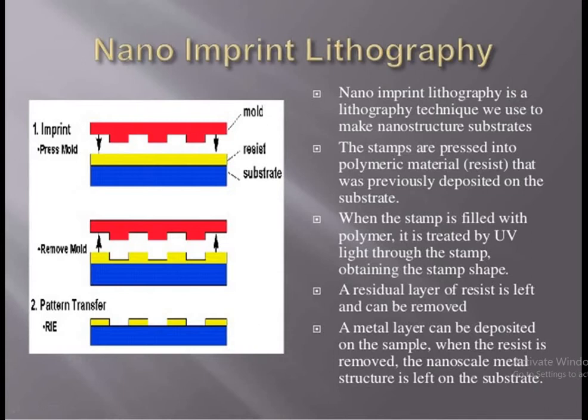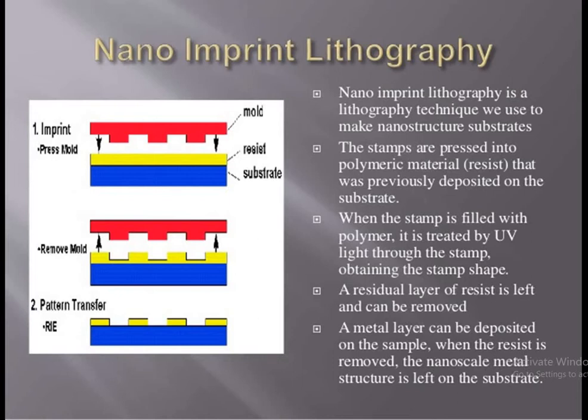So you understood, it is a very simple process. First of all, there is a substrate. On that substrate, the polymeric material or resist is deposited. On that resist, the stamp is pressed. After pressing, the stamp is filled with the polymer, which is then treated with UV light to obtain the stamp shape.